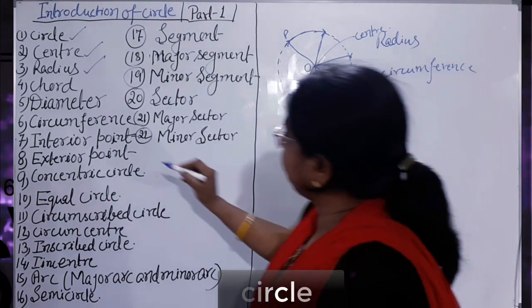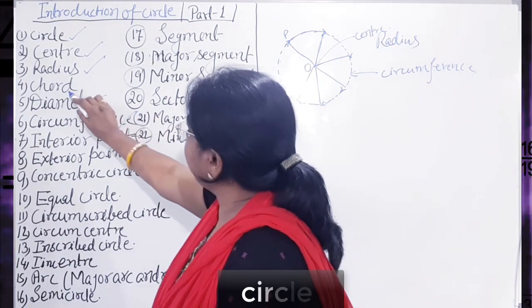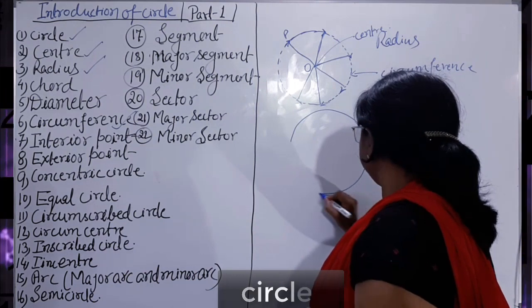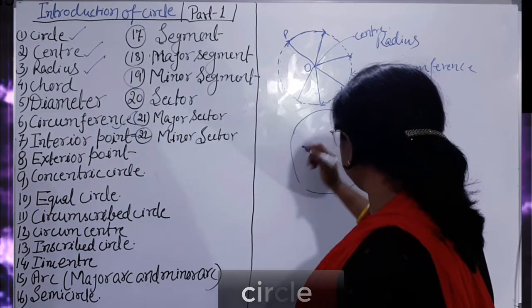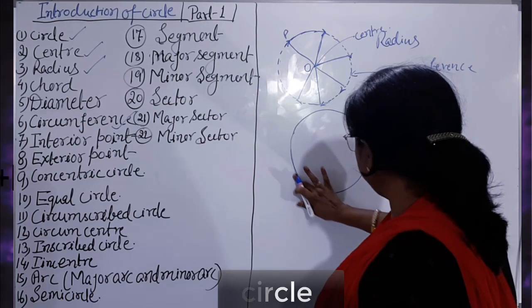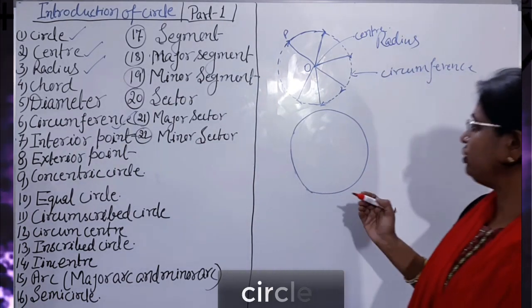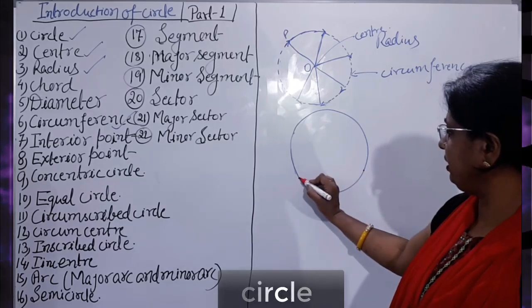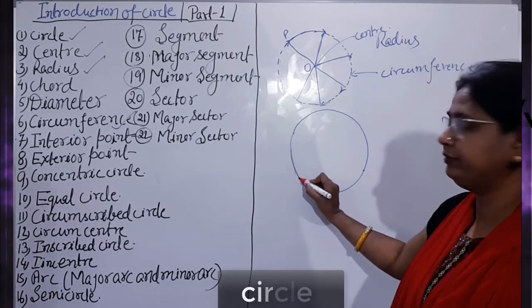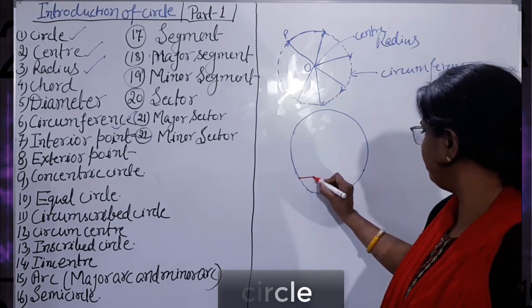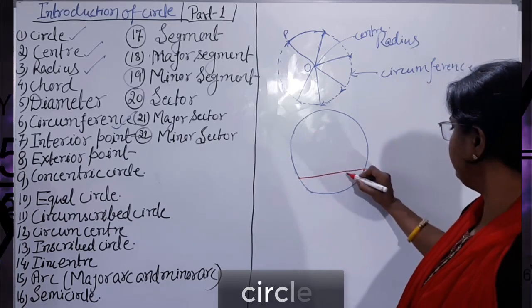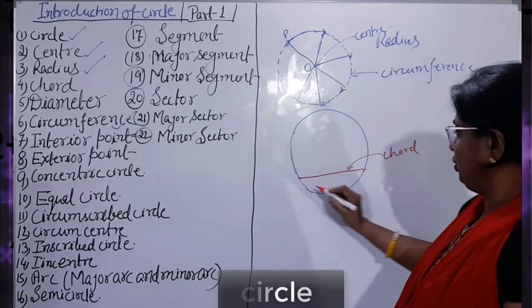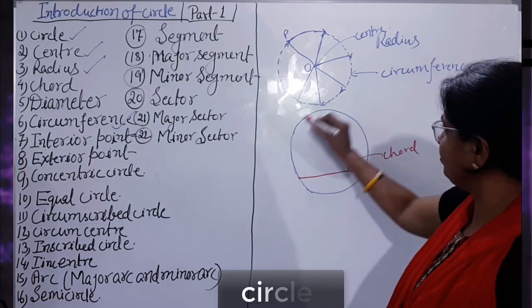And after circumference, your chord. I am explaining chord. Chord is defined as any 2 points of the circumference joined; joining any 2 points of the circumference of the circle is a chord.